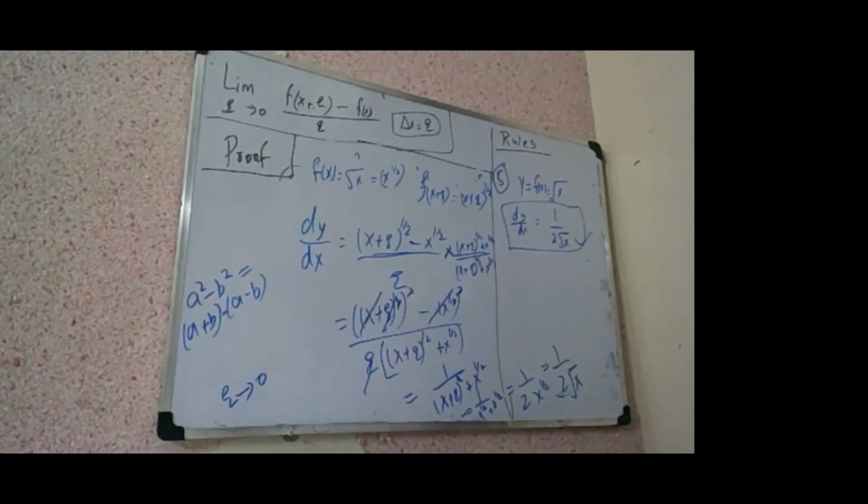So that's our rule number 5: if we have a function of the nth root of x, then dy by dx will be 1 upon n root of x. Just applying the same rule. Understand?